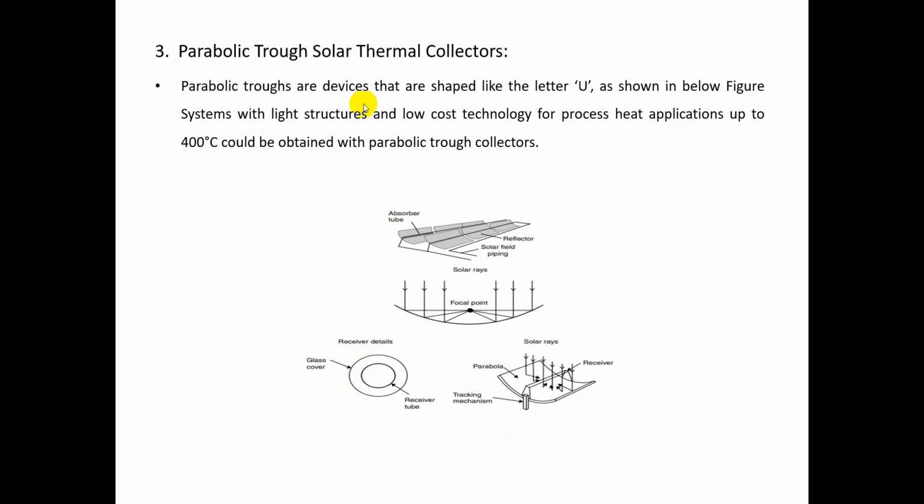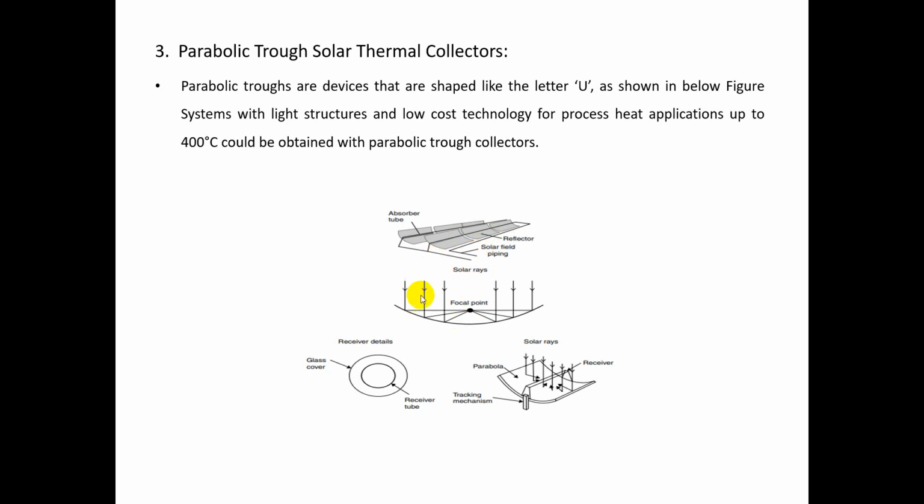These devices are U-shaped, as you can see in the figure. Systems with light structures and low cost technology for process heat application up to 400 degrees can be obtained. The solar rays fall here, and we have the absorber tube, which is the receiving point. This is the reflection point and the solar field piping is here.